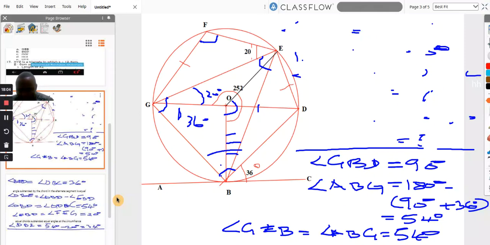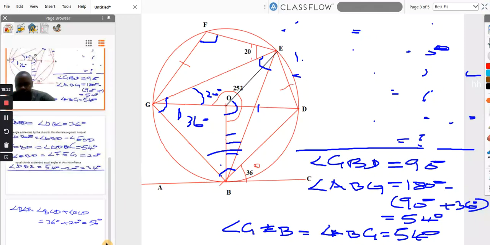Yes, OBE we found as 34. So that 36 plus 34, that is 70.